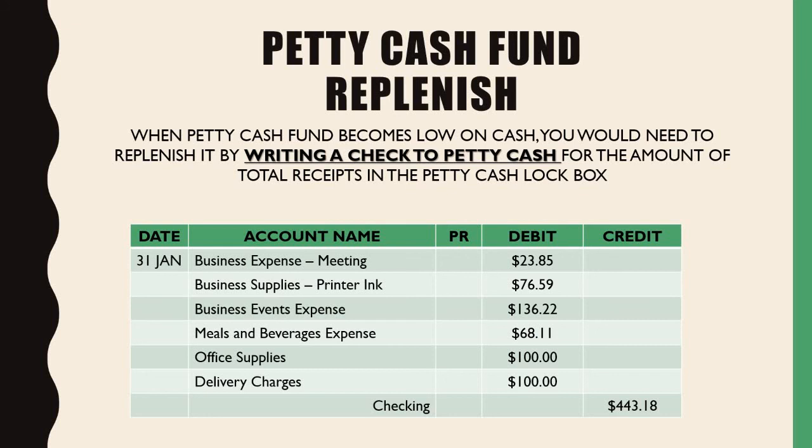And what we're going to do is take the $443 worth of receipts and convert them into cash by writing another check out for $443.18. And the petty cash drawer manager is going to be responsible to go take it to the bank and cash it out, because they need to get the exact change.